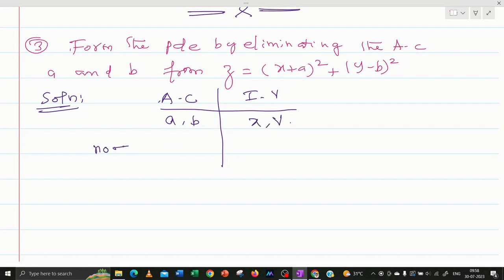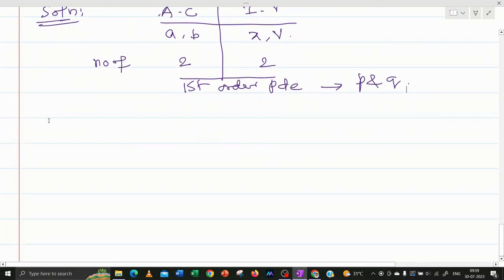So the number of arbitrary constants is 2, and the number of independent variables is also 2. Therefore, equal number of arbitrary constants and independent variables, so we will get the resulting equation as a first order PDE. That means the PDE should contain only p and q. So that is the meaning of this.